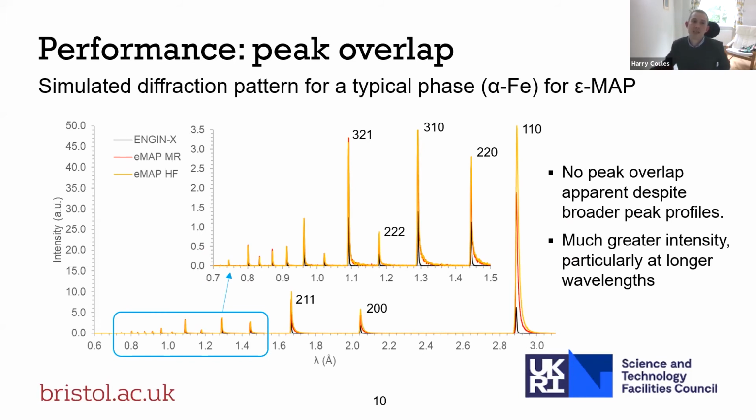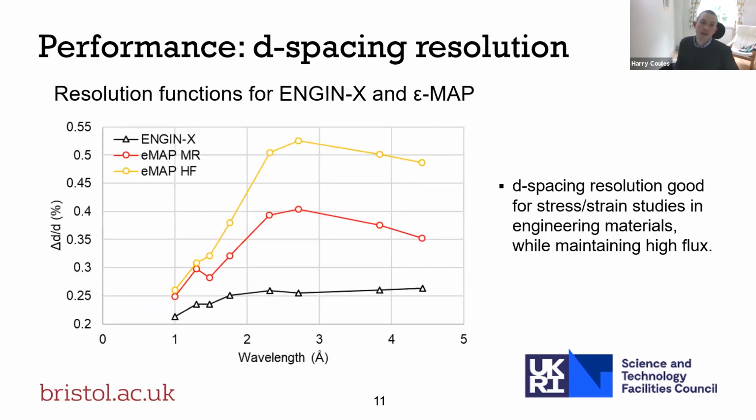So if we take a typical engineering material, this is BCC iron, then you can see that these wider peaks are not causing peak overlap in this case, and they wouldn't for most engineering materials, which is quite nice. We sometimes do want to cope with multi-phase materials as well, but materials with very complex structures are rare.